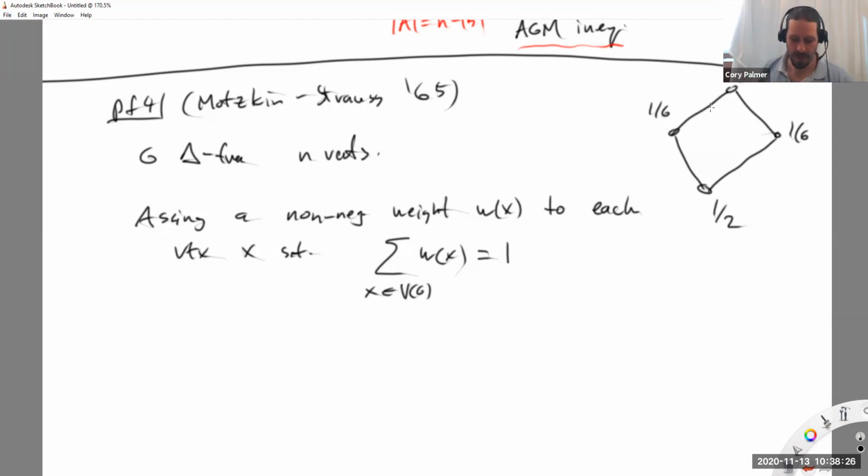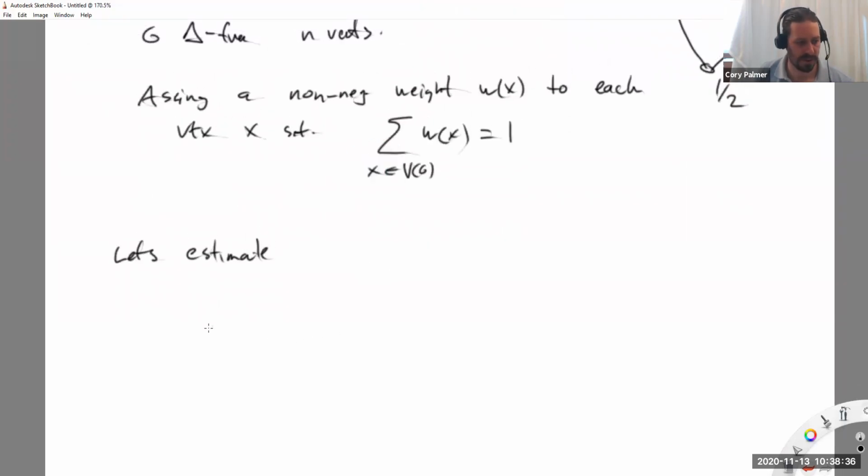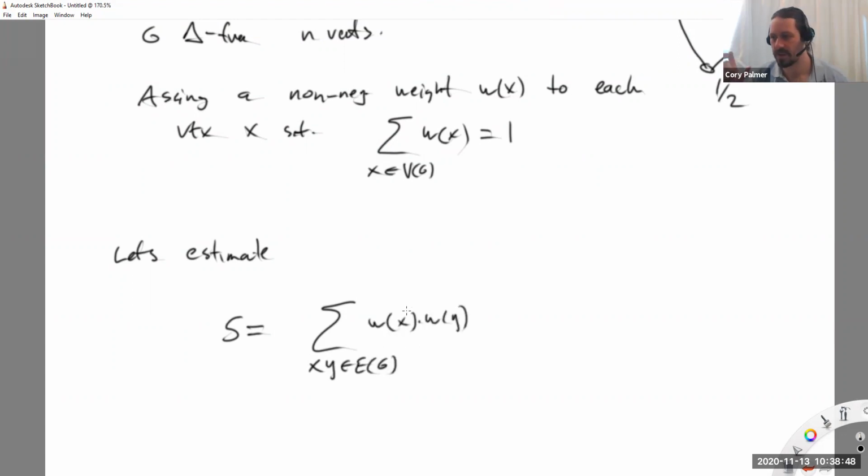And then I want to estimate, so we're going to bound the result of the following function. S is the sum over every edge xy of the product w_x times w_y. So look at every edge in the graph, look at the weights on both endpoints, multiply them together and add it up for the whole thing.